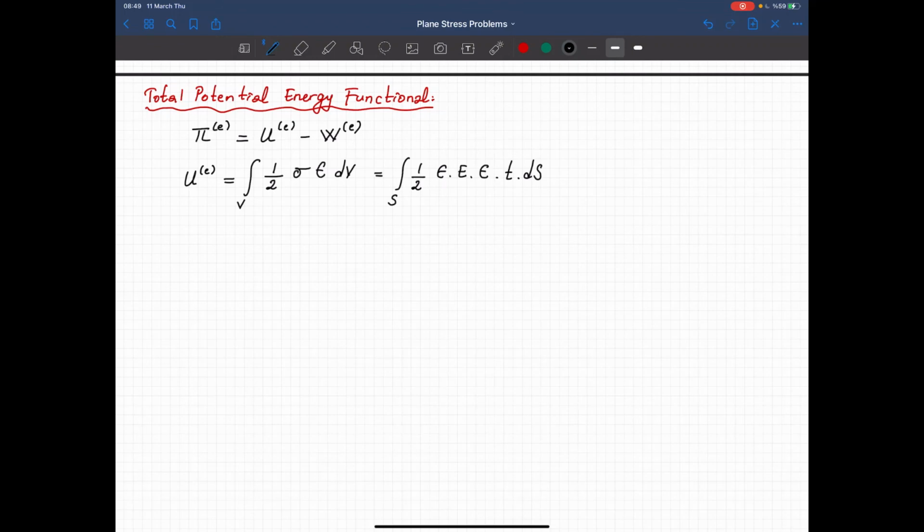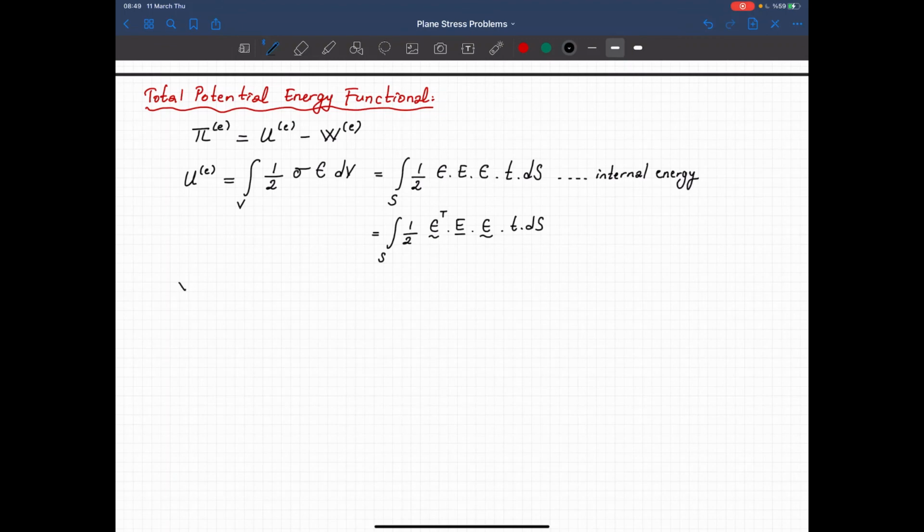So that's the expression for the internal energy. So if I write it in matrix form, we have the strains in matrix form and the constitutive matrix in matrix form, then that will give me strain transpose multiplied with the constitutive matrix multiplied with the strains itself. t times dS will give me the volume.